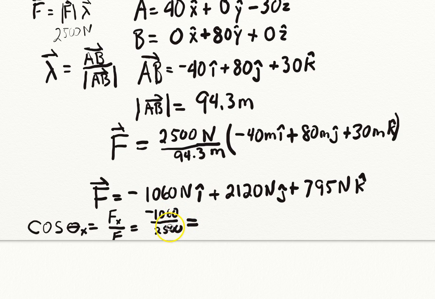And if we do the division, take the inverse of the cosine, we end up with an angle of 115.1 degrees. Similarly, you could do this for theta y, and you'll get 32 degrees. And when you do it for theta z, you'll get 71.5 degrees. There you go.